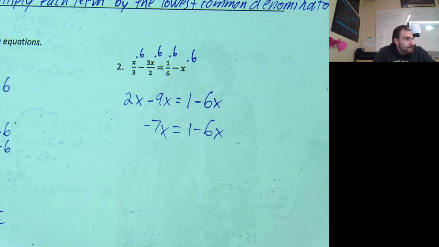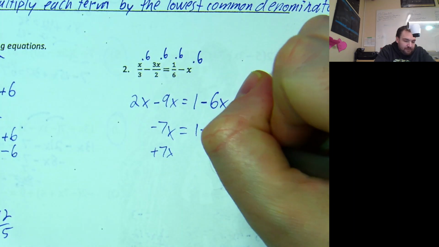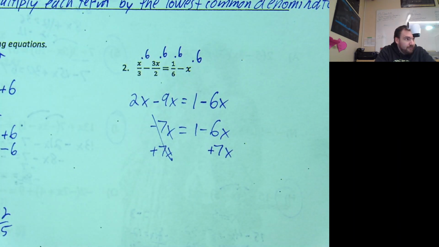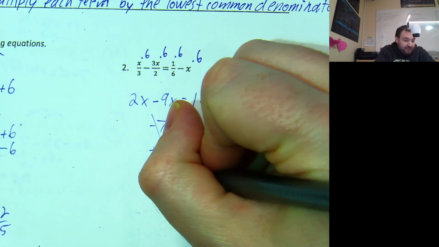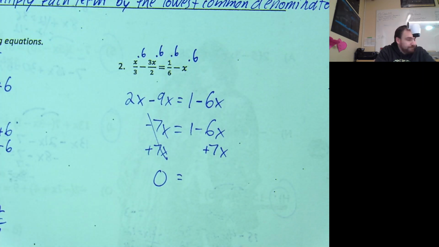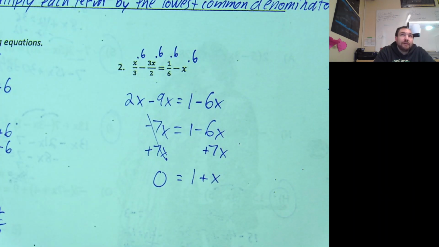Okay, next. So we're going to add 7x on both sides. On the left-hand side, that leaves us with 0. You actually have to put the 0 in there. And then we're going to have what? 1 plus x.